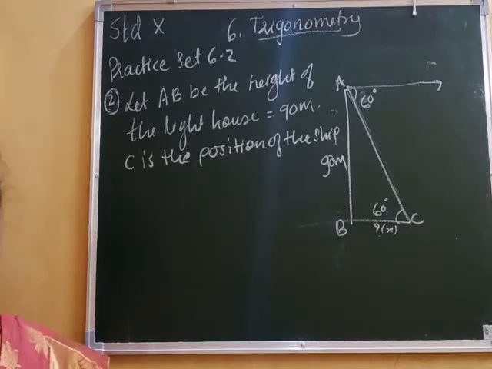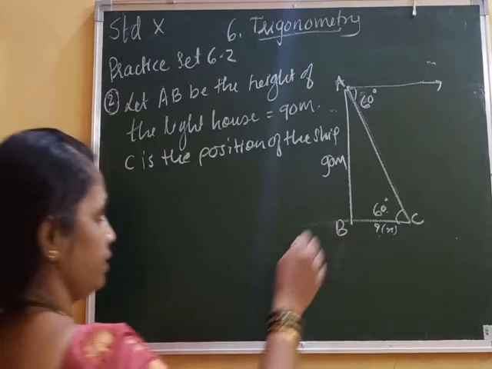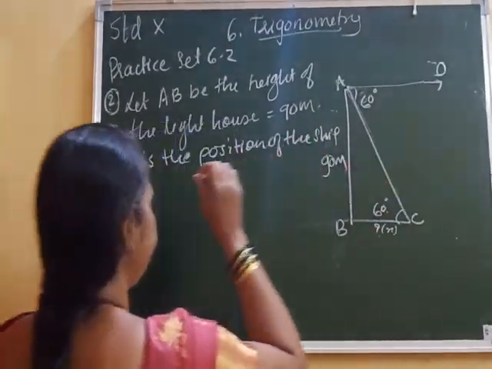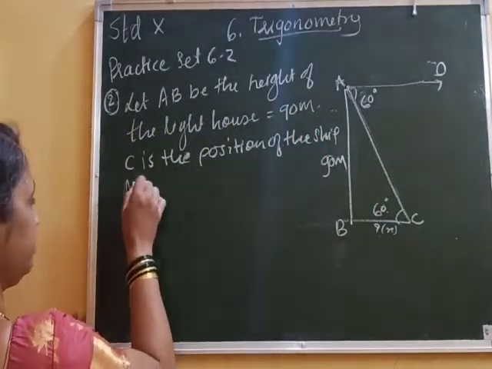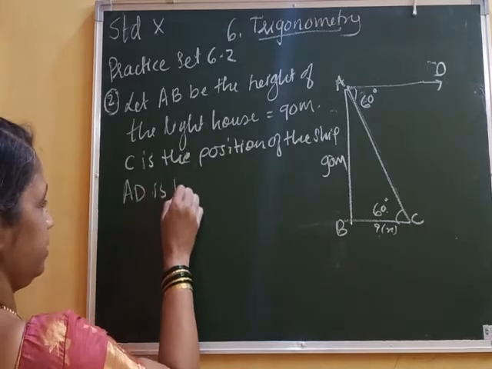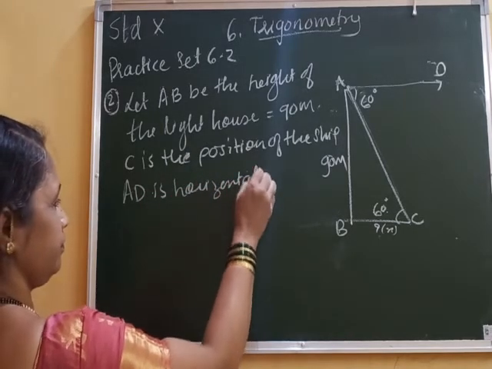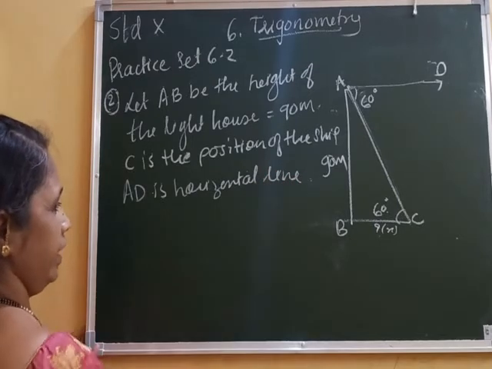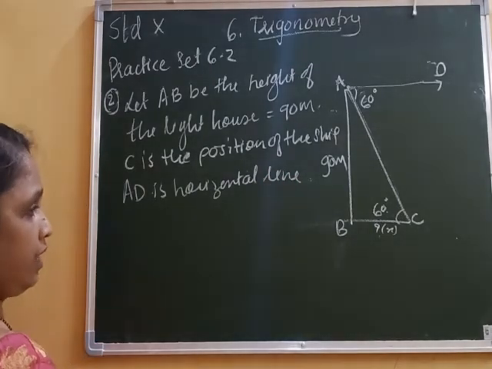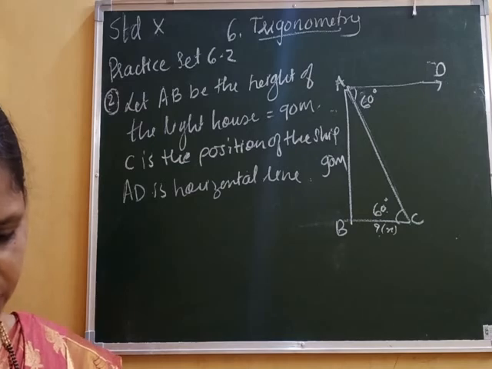Now next what they say. Now this AD here, this name you can give D. Okay, so AD is the horizontal line and AC is the line of vision. Okay.